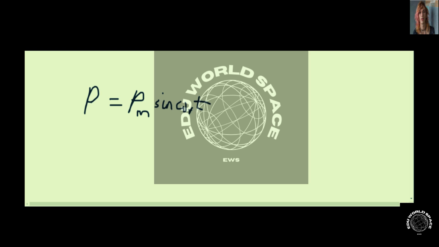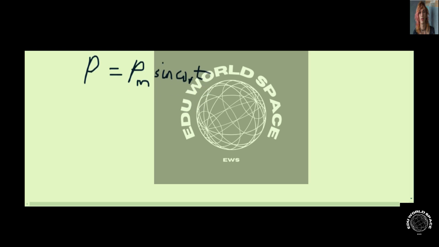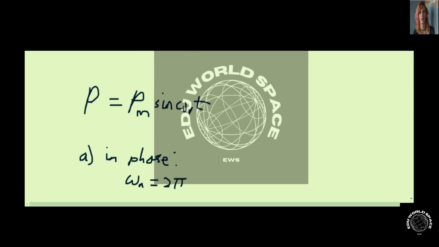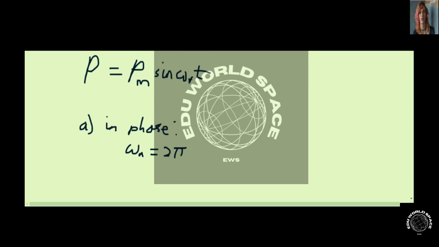Because this is in terms of a sine wave, for part A, when it's in phase, this means the natural angular frequency omega n has to be equal to 2 pi, because the frequency of a sine wave is 2 pi. If the collar is in phase, the natural frequency will have to be equal to 2 pi.